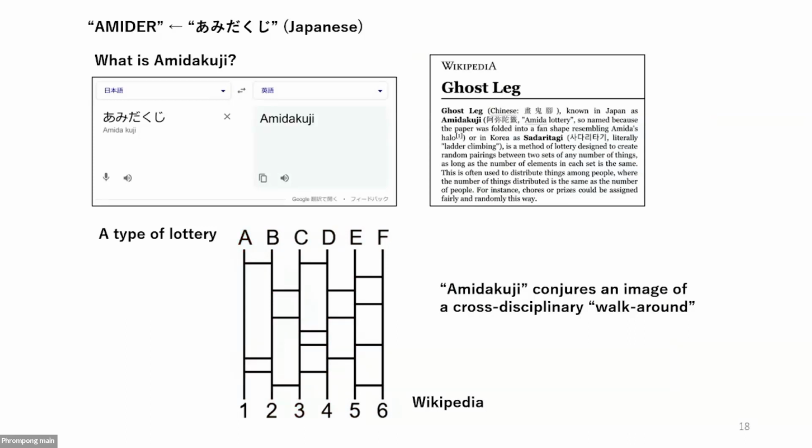Each participant picks a line, and each has a result, and the participant can get the result by traversing the vertical lines. So Amidakuji contains the image of moving discretely around between scientific fields. So we use the Amidakuji image and make the website. That's all.